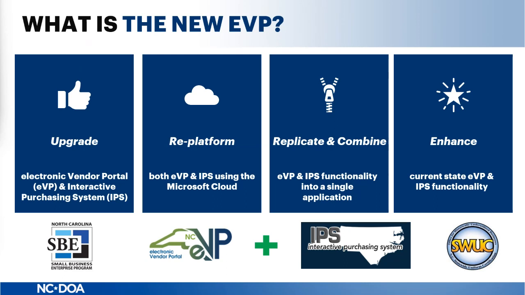It allows both sides to combine into one, and it's really going to impact in a positive way the vendors, administrators like POA, DOA, as well as Hub and NCSBE that are also now involved in the system and have more flexibility with what they do, and purchasers like you. So we think that this upgrade is going to bring a lot of value to everybody involved with state procurement.